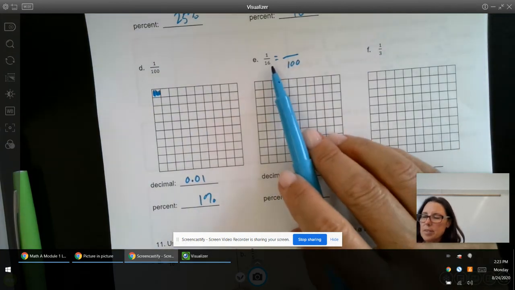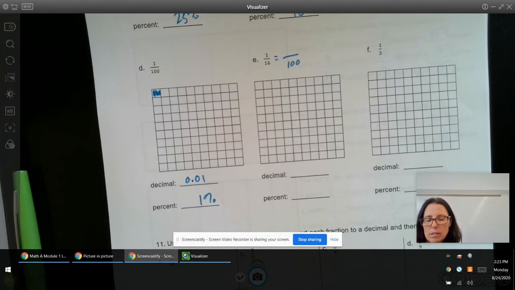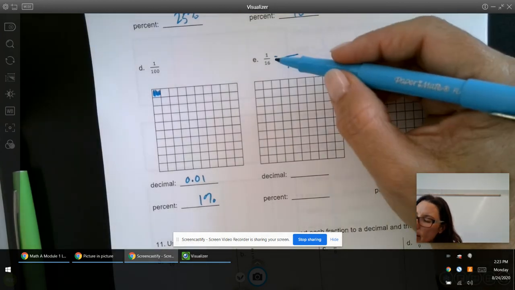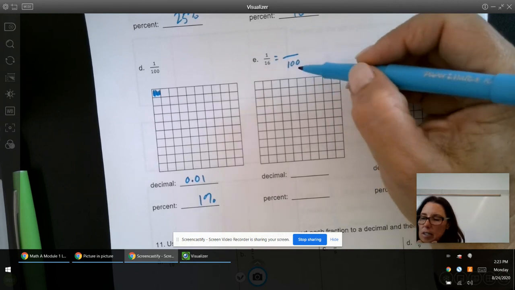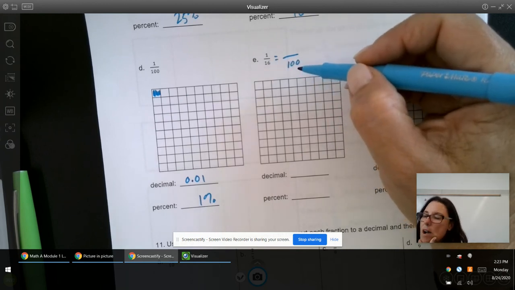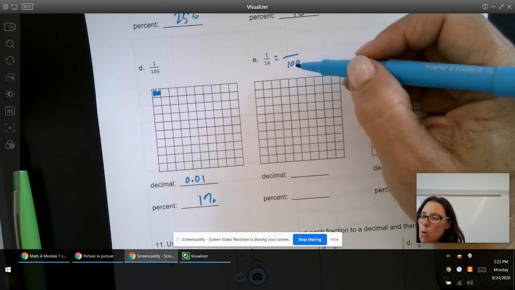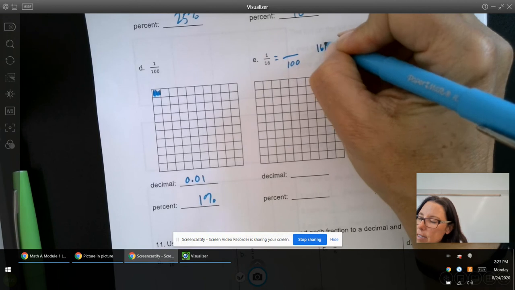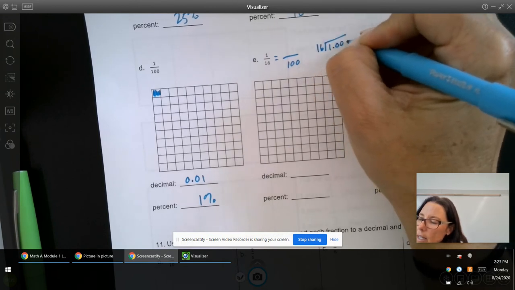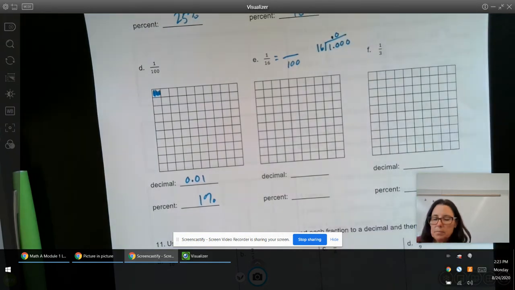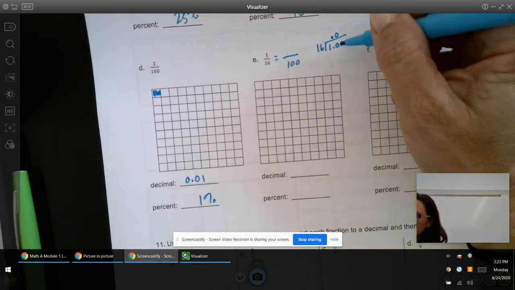Okay, if I want the 16 to be 100, I'm going to go ahead and there are a couple ways I could do this. I could think about how can I convert 16 into 100. I could play with a calculator for a while. Or let me see if I divide 16 into 1. Okay, 16 does not go into 10.